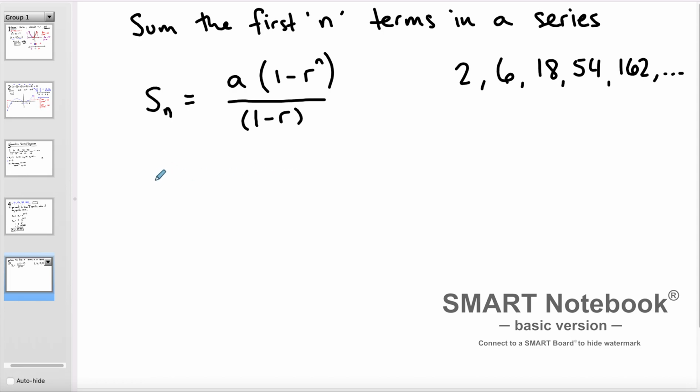And so the sum of the first 10 terms of this sequence, 2 plus 6 plus 18 plus 54 plus 162 plus all the way to the first 10 terms, is equal to the first term times 1 minus our geometric ratio, 3, to the 10th power, divided by 1 minus our geometric ratio.